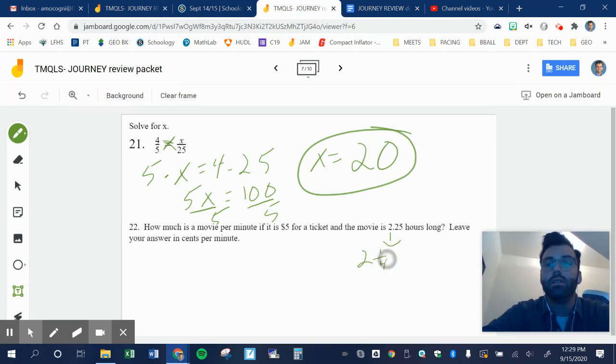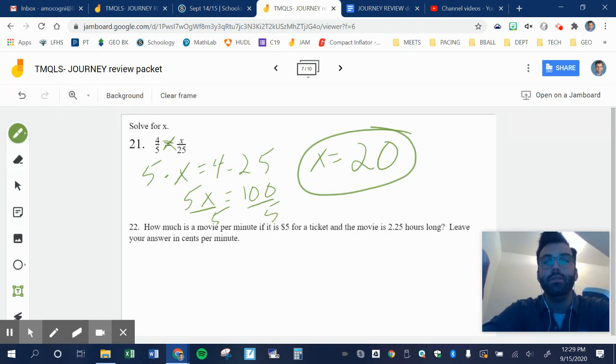How many minutes are in an hour? There's 60 minutes in an hour, so I do 60 times 2, which is 120, and then a quarter of. I could just do 2.25 times 60. That would be a lot easier. Let's go with that.